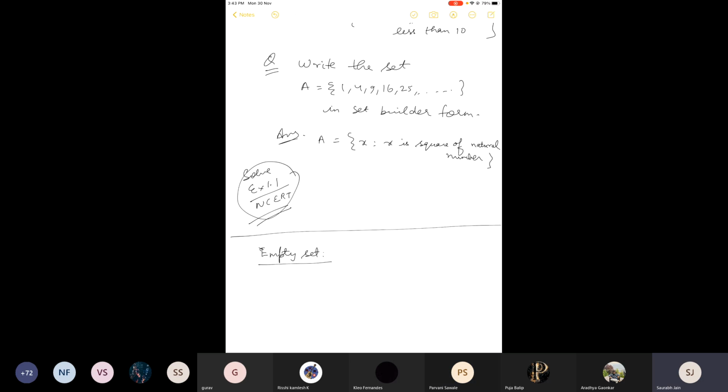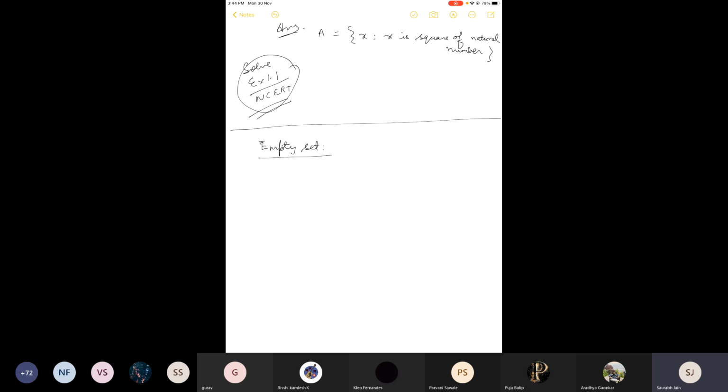If 0 was also there, then it would have been square of integer, right? But here only 1, 4, 9, these numbers are coming. That is why you will be using either square of natural number or square of positive integer, right? But if you simply write integer, then it will be wrong. Understood, sir. All right.